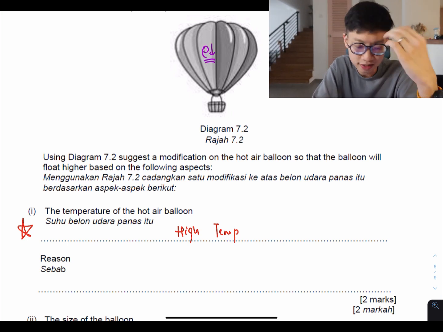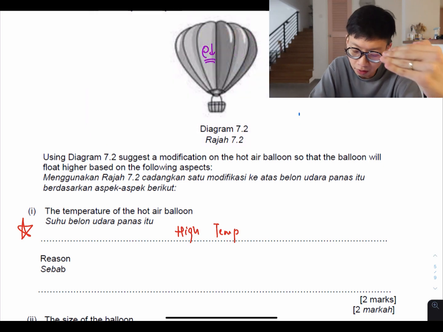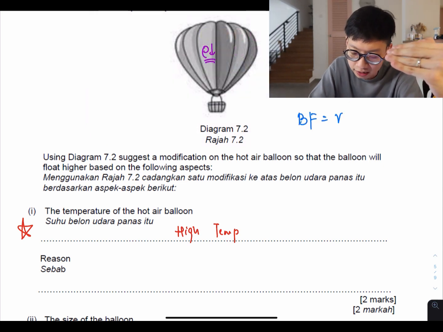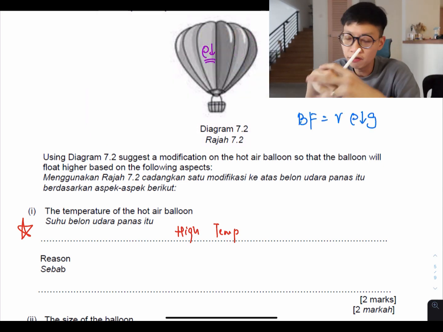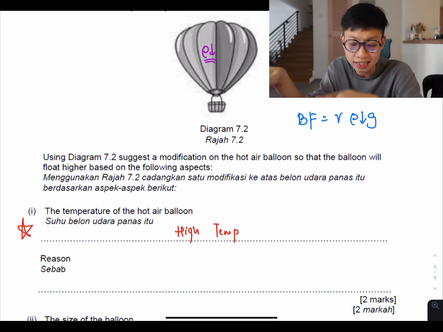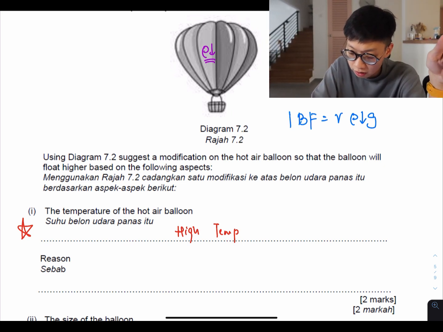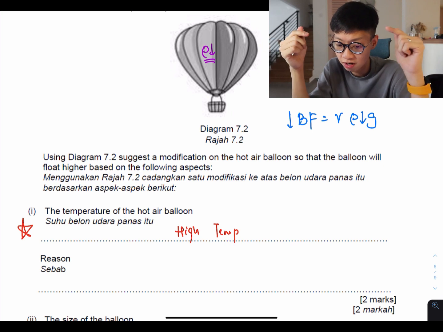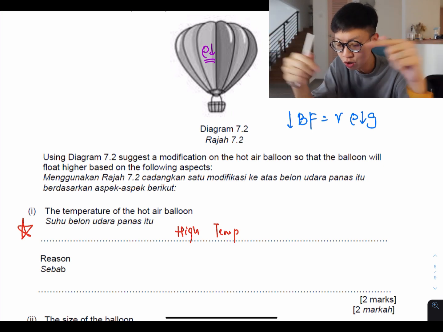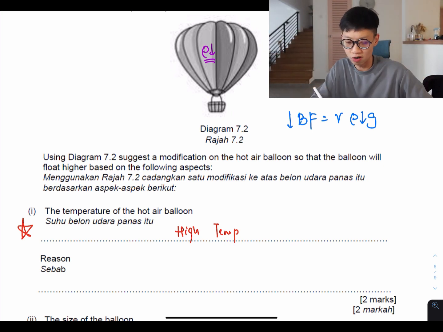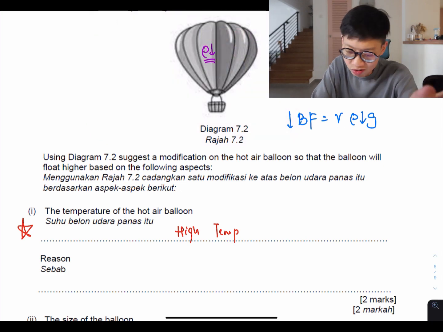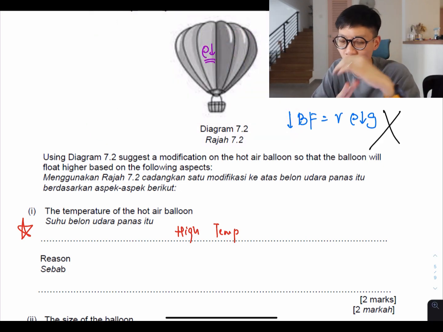But then I like to ask my students back the same question. If you say lesser density, will it reduce the buoyant force? Because a lower density will reduce the buoyant force of the hot air balloon. Is this statement right or wrong? The answer is wrong, guys. It's wrong thinking. Why?